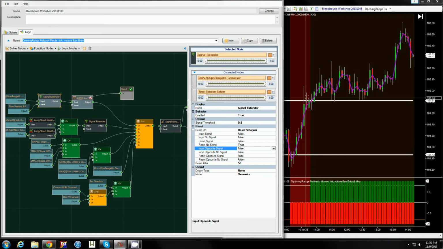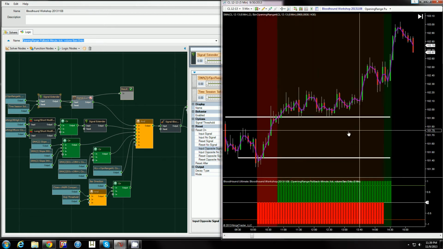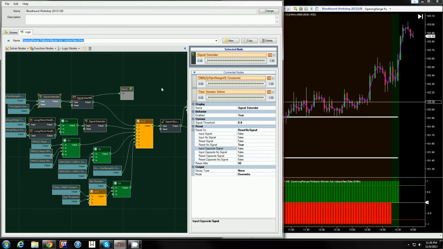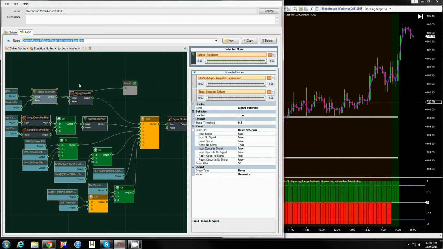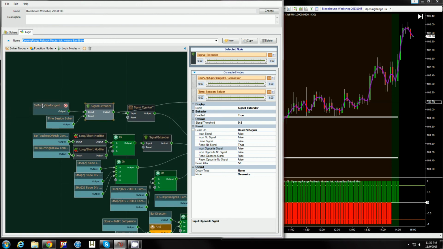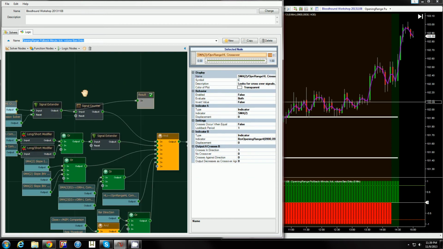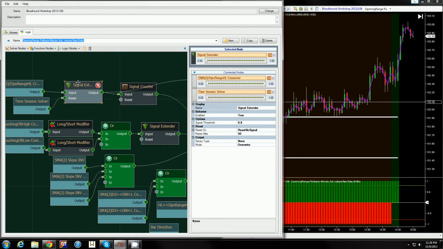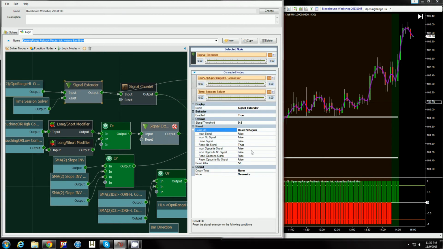It will just be giving the short and the long for the next 50 bars. Okay, and that's no good. So when we get the opposite signal from the input, and this is the solver going into the input, we want to reset this extension.